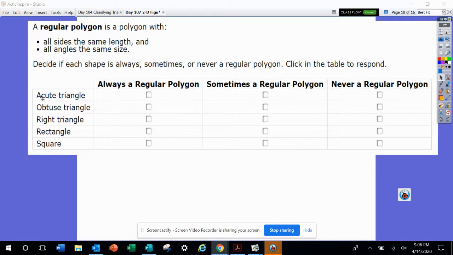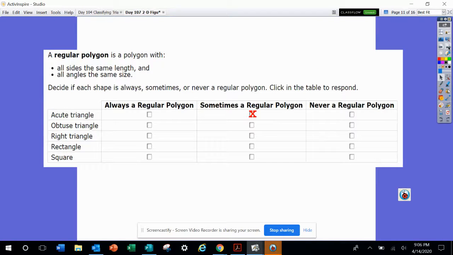An acute triangle is a triangle whose angles are all less than 90 degrees. Well, this is sometimes a regular polygon. An obtuse triangle has one angle that's greater than 90 degrees. So this is never going to be a regular polygon.